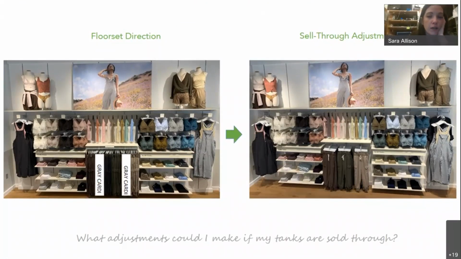You could fold more of the pants, if you have them, and that might show that little pocket detail really well. And that could almost feel like your understock, but the wall still feels full. Or, I've got shorts folded there, so maybe I need to add some more colors of that short to fill in with the rest of these tanks as they start to break. So lots of different things you could do. I think the name of the game is just keeping really full and like I want to shop it, right?